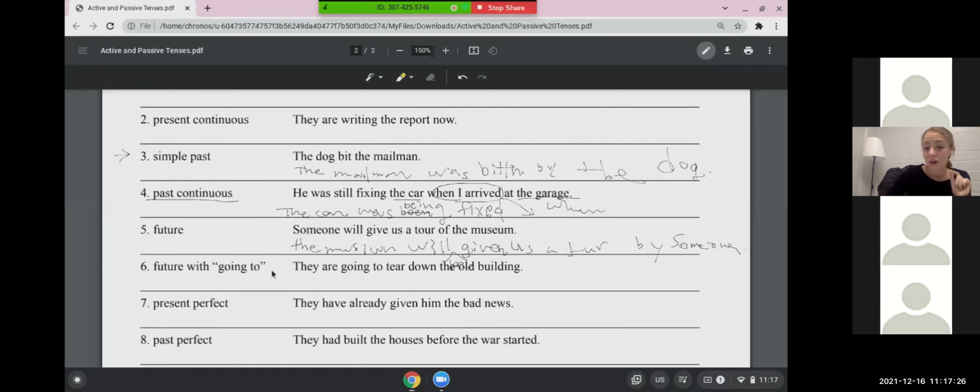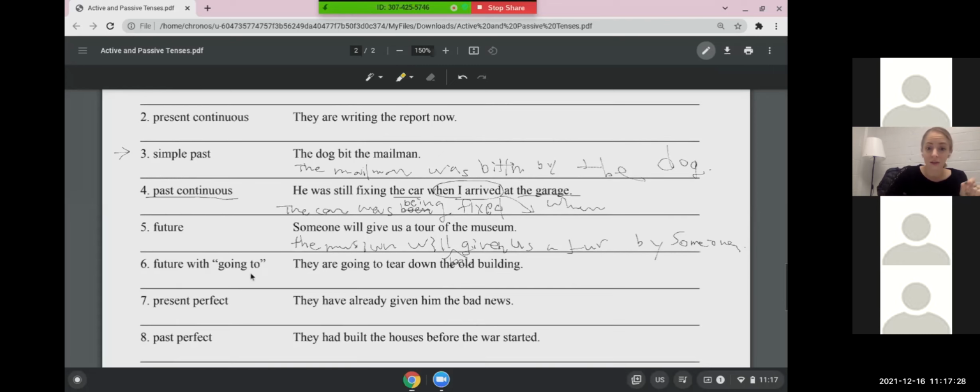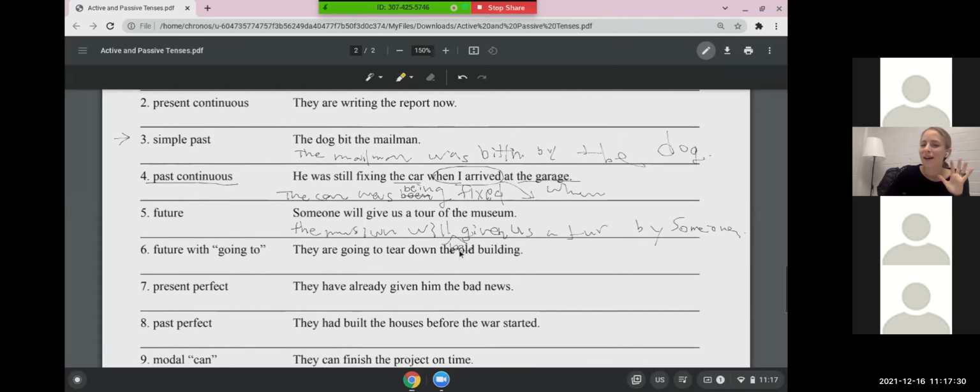All right. You all got the correct verb, will be given. But we need to identify the object in that original sentence. Someone will give us a tour of the museum. What is the subject? What is the object of that original sentence?